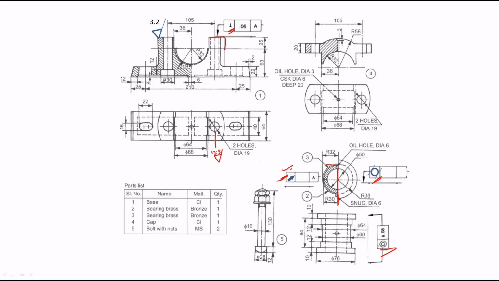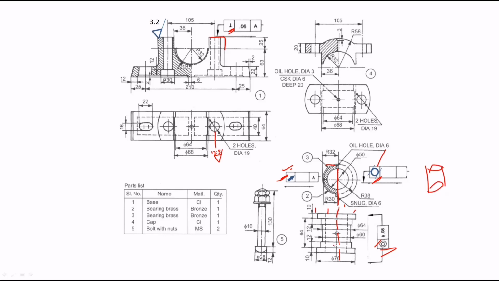Coaxiality or concentricity means whatever different diameters are there, those different diameters follow only one axis. That is what we call concentricity. That's why it is a circle in another circle. This is cylindricity. Cylindricity means a cylindrical object. If a cylindrical object is there, we can indicate it with the cylindricity symbol.